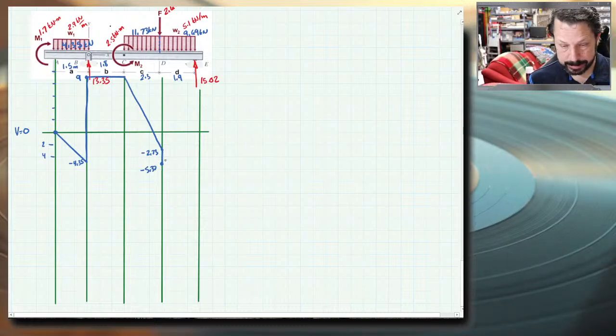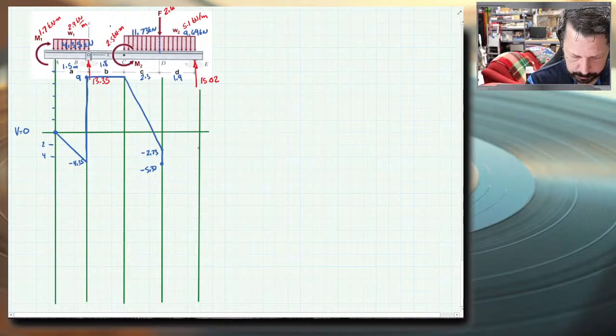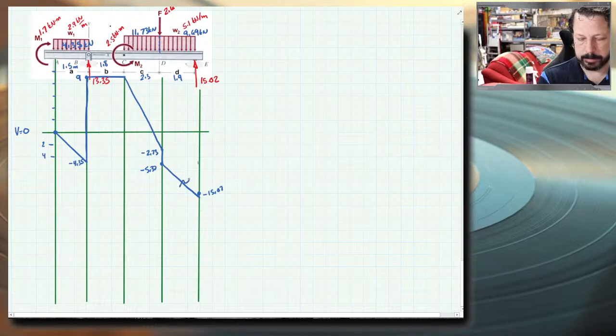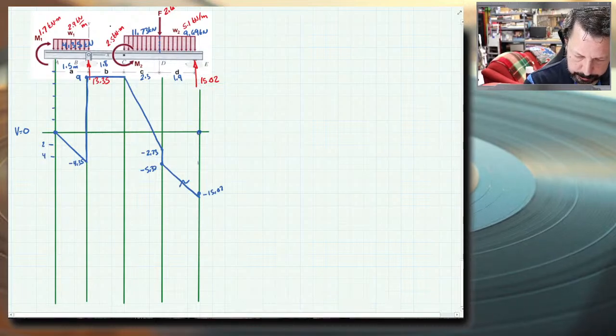Then I go down again, minus 9.69, so we're just going to go way down. In fact, I might just chop it off right here because I don't want to draw it to scale, since it's actually negative 15.02. It really should be much further down, but we're going to chop it off. And then I have plus 15.02, so that gets me back to 0.